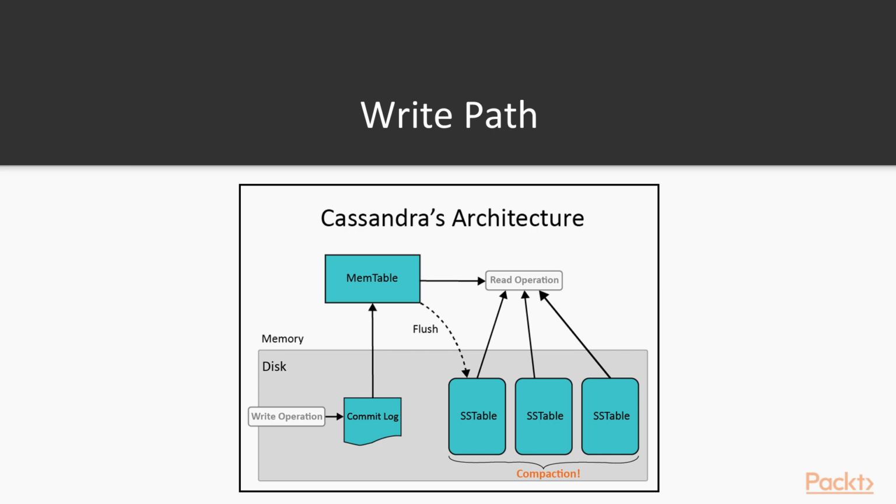On the other hand, when a client wants to read data from our Cassandra node, it can read data from the memtable if that data is still there, or from an SSTable if in the meantime on the write path data was flushed from the memtable to an SSTable, so it was flushed to disk. So a read could read data from the memtable or SSTable.